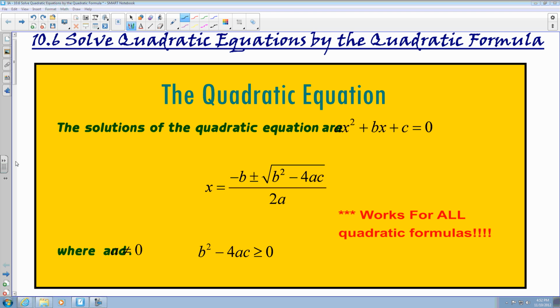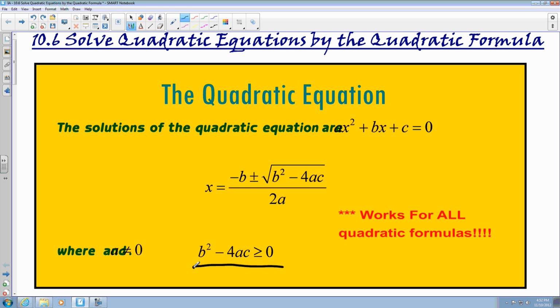The only time you can't get a solution is if b squared minus 4ac is, well, hold on. This is where, right here, it says b squared minus 4ac is greater than 0.